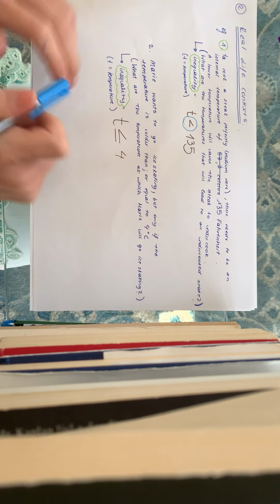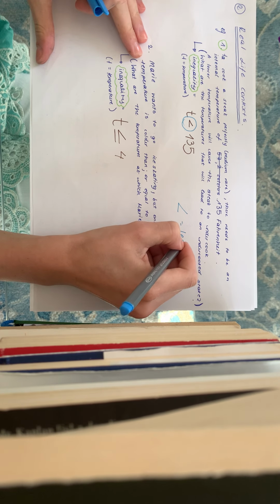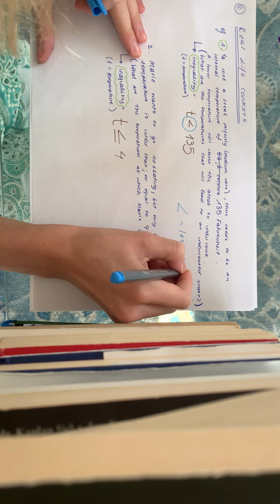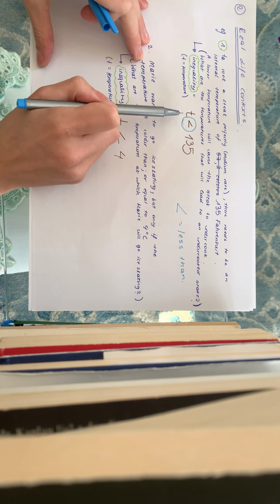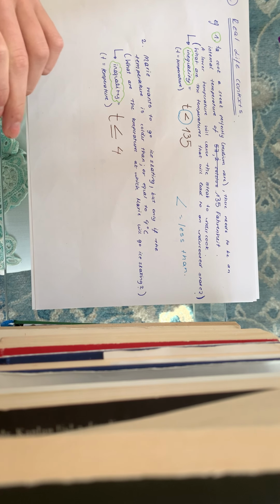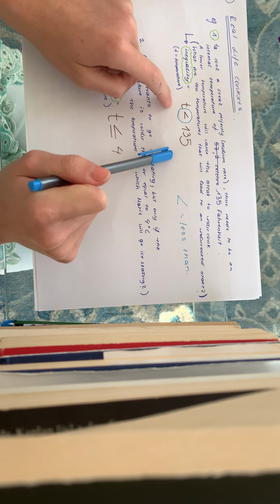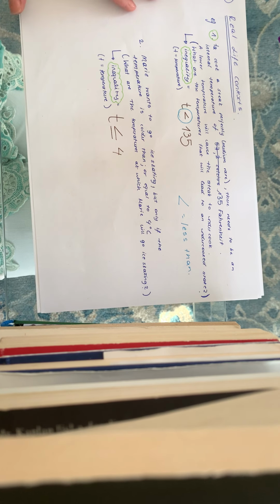The reason this is correct is because this sign means less than. Now, it shows that temperature is less than 135. And in this context, it means temperatures that are less than 135 Fahrenheit will lead to an undercooked steak.